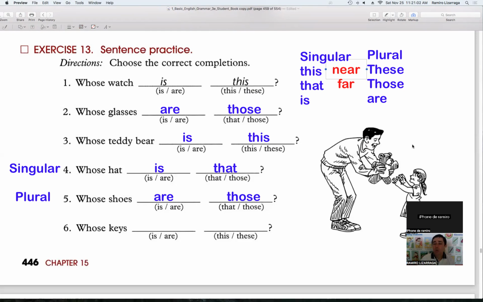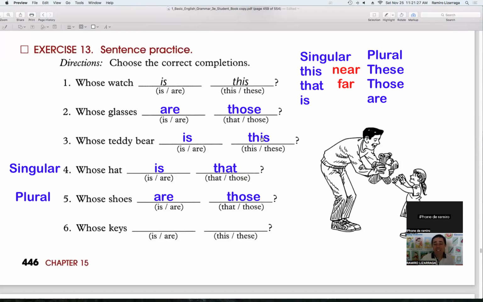So, look guys, we use this and these when things are near. We use that and those when things are far. Okay, so those, it's far. Whose glasses are those? You're pointing. Oh, those.